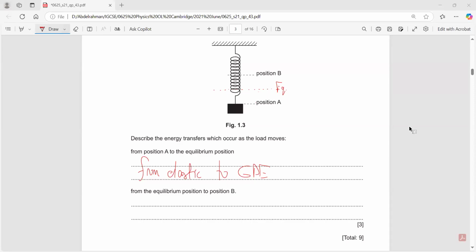As it moves even further upwards, it has some gravitational potential energy and some kinetic energy because it's still moving.